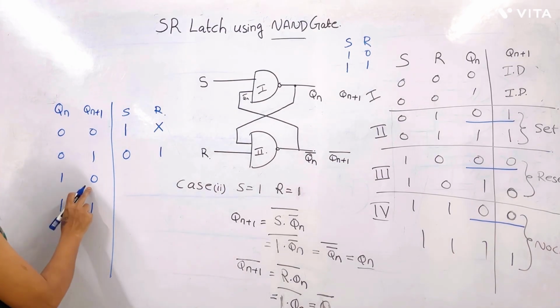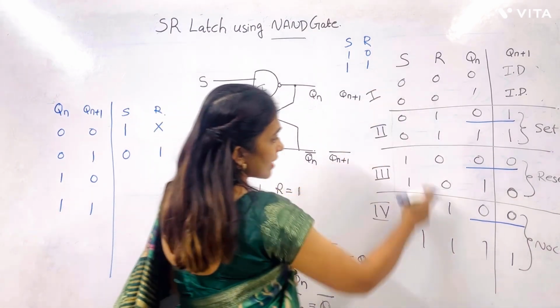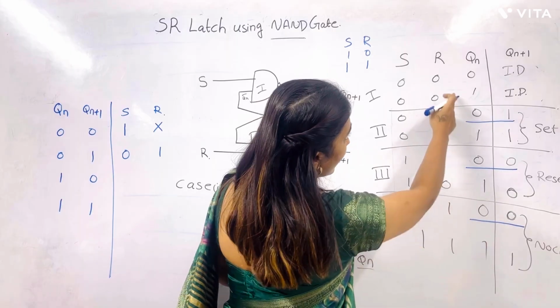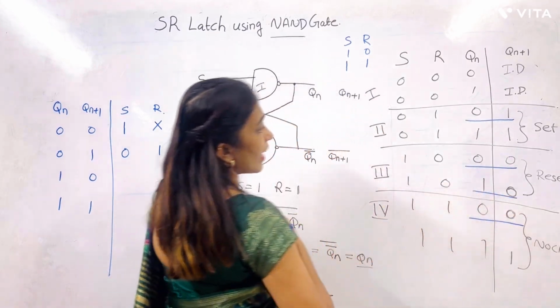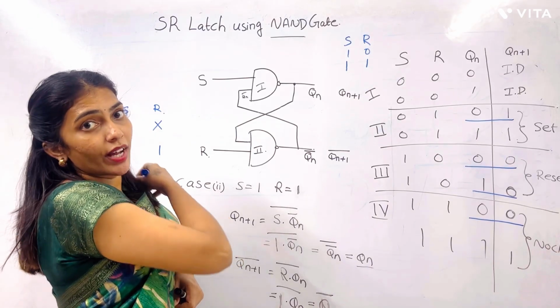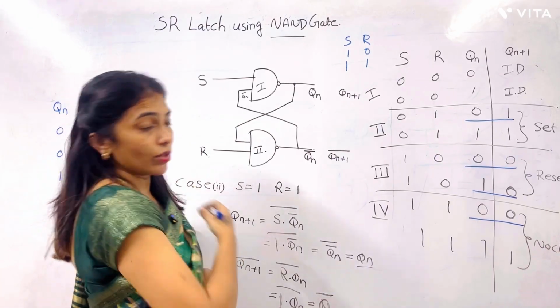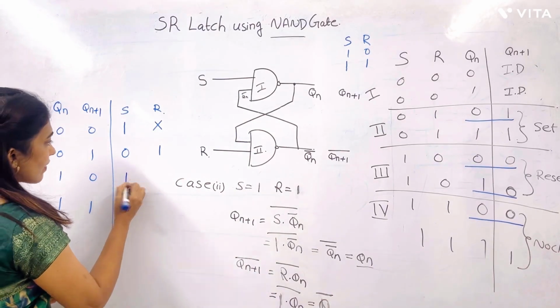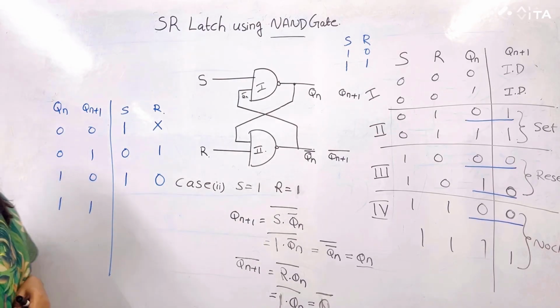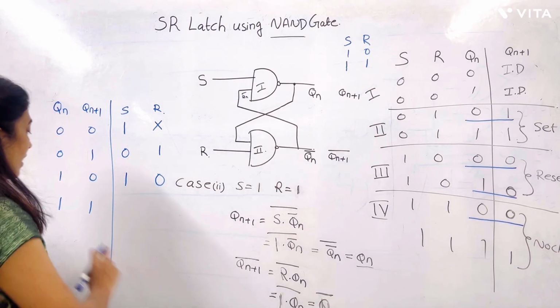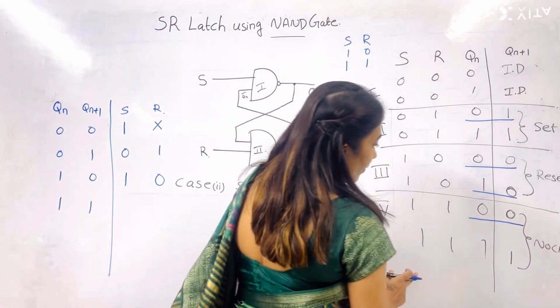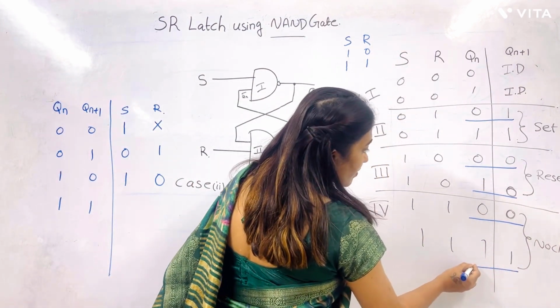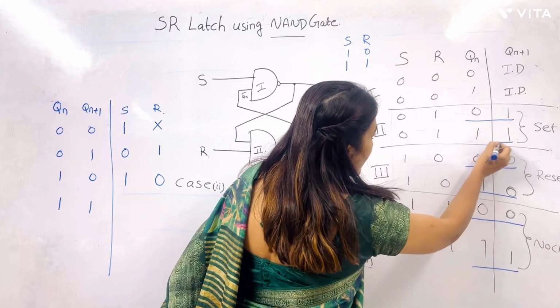Next, 1 0. Find 1 0 in our truth table. Yes, here. Only one time, right? Only one time when S value 1, R value 0. So directly S value 1, R value 0. Next, the last one, 1 1. In how many conditions did we get 1 1? Yes, 2 times, right? 1 1, 1 1.